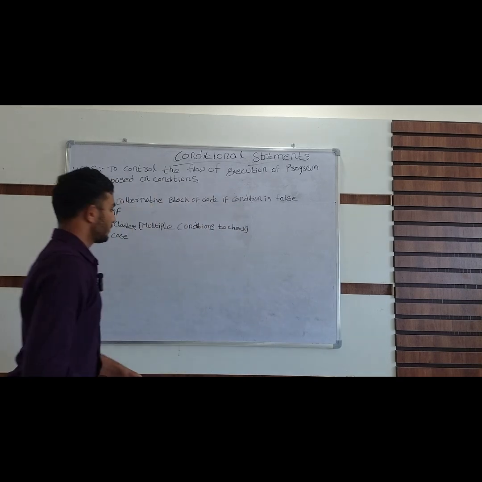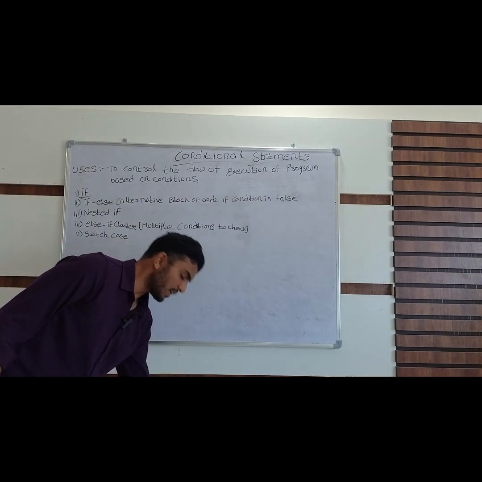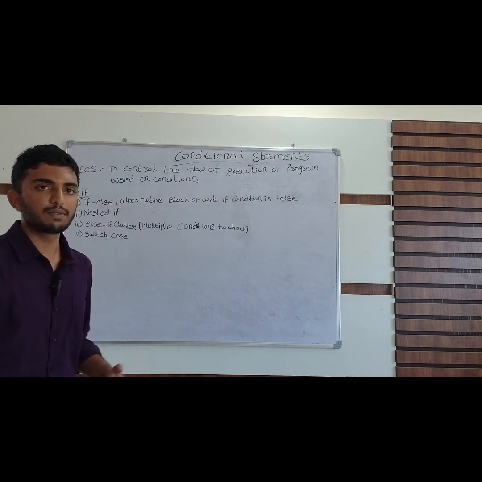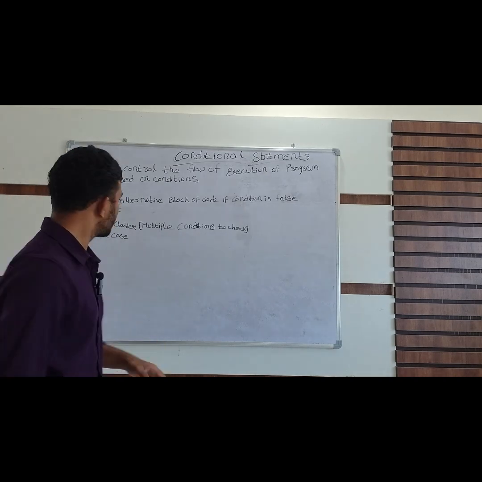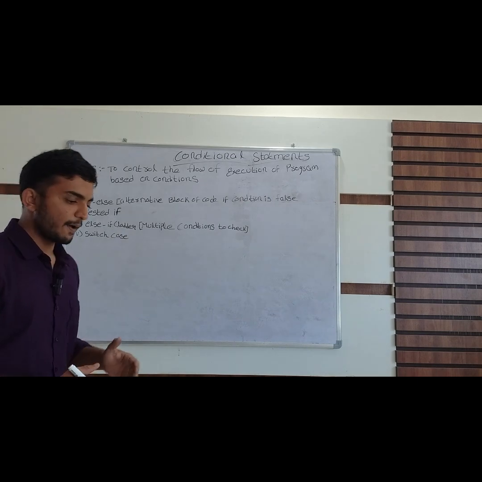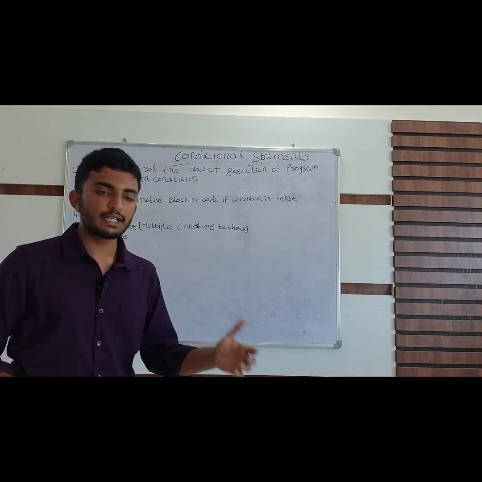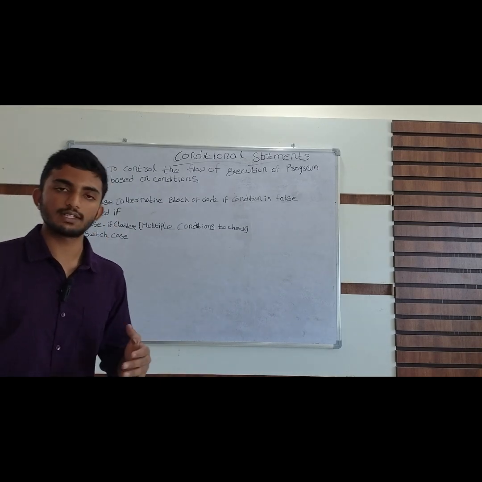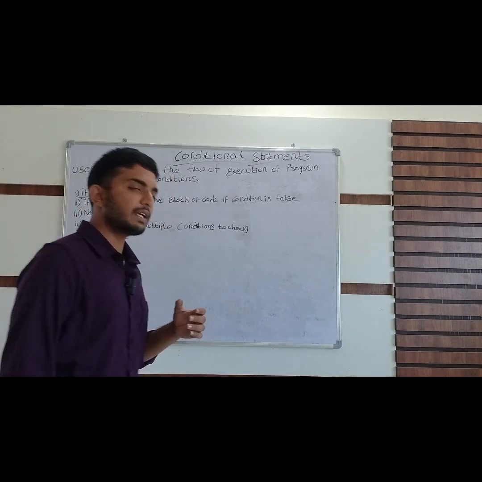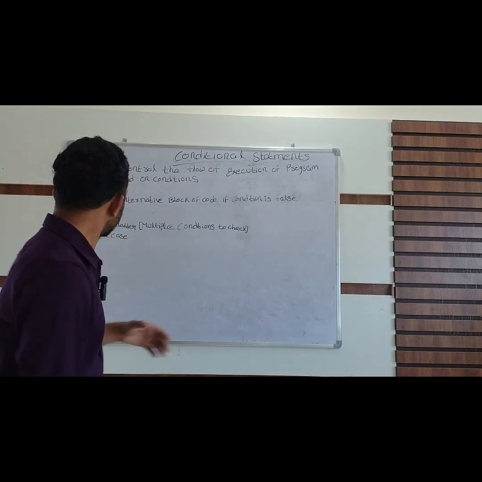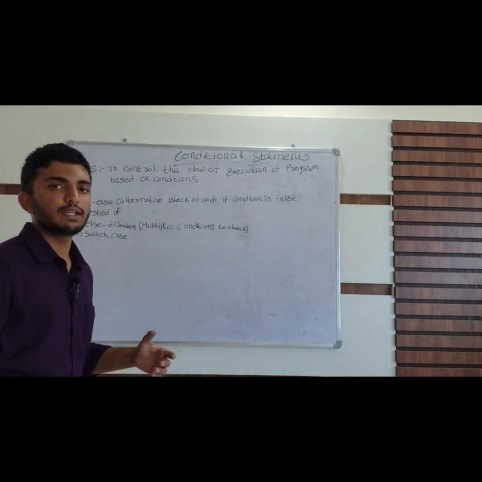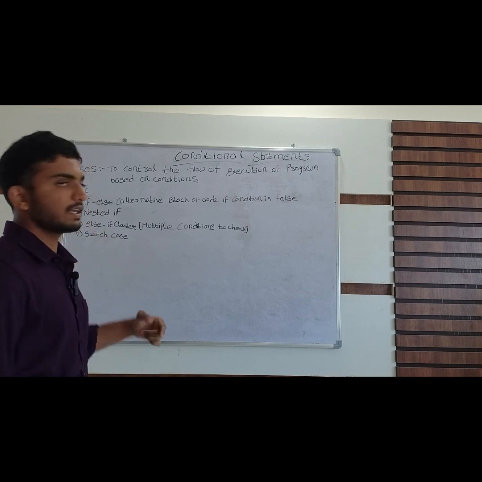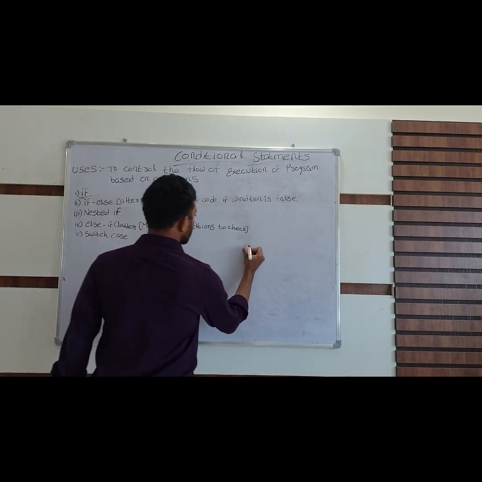For example, if we have to check multiple conditions, then we use if and else. If one condition becomes false, then it will check another. If another one is also false, then it will check another. Many conditions can be given in this else if ladder.